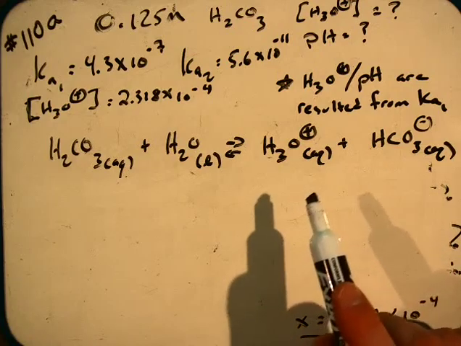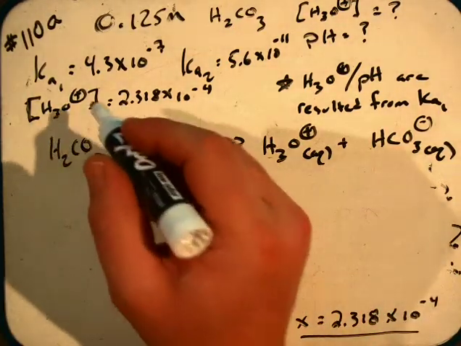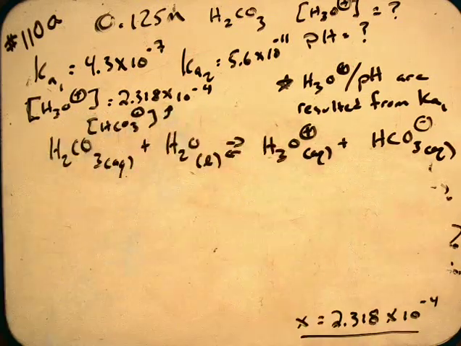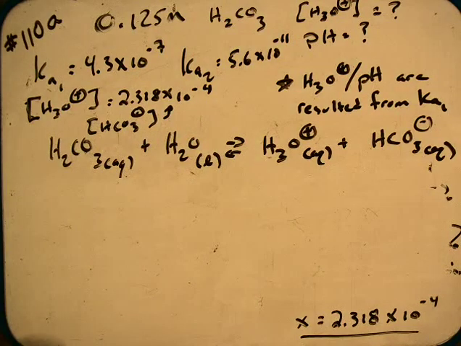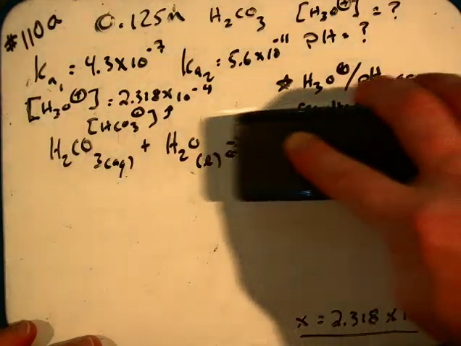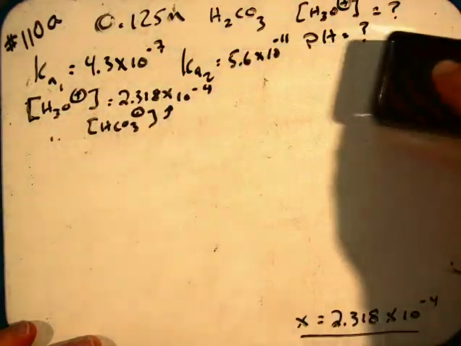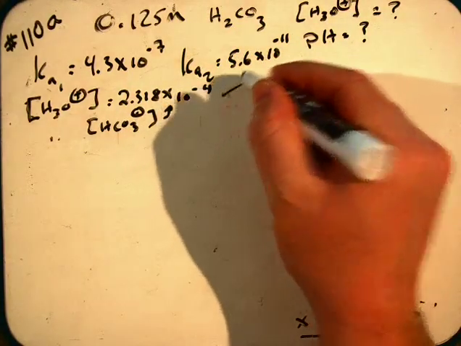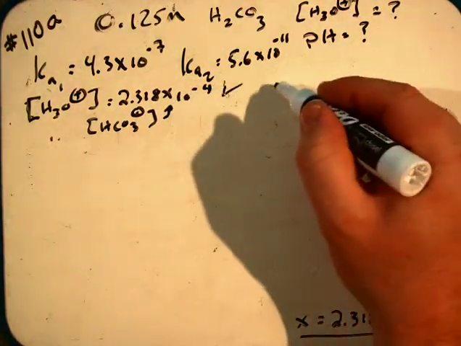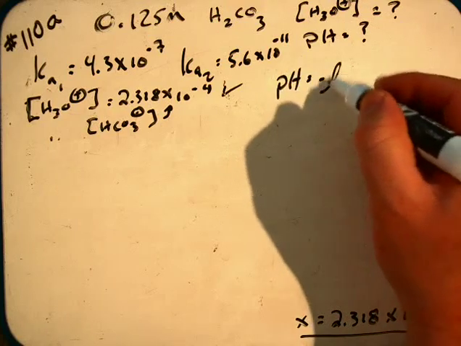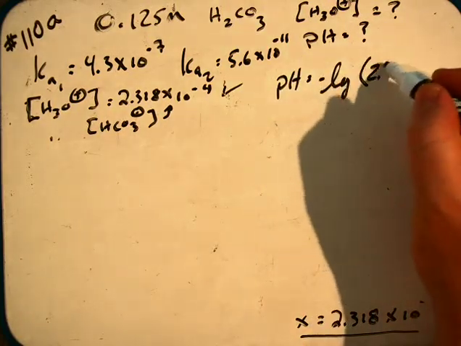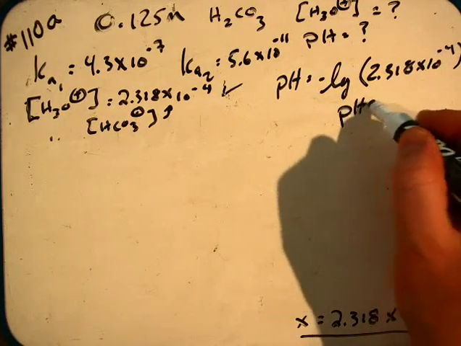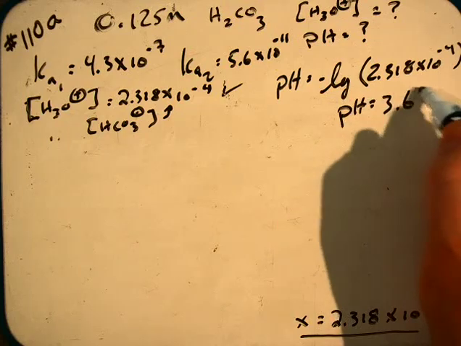And so not only is it equal to H3O plus, it's also equal to our bicarbonate as well. And so that answers the first question as far as our H3O plus concentration. The pH then would simply be the negative log of that concentration, 2.318 times 10 to the negative fourth. And our pH then is equal to 3.63.